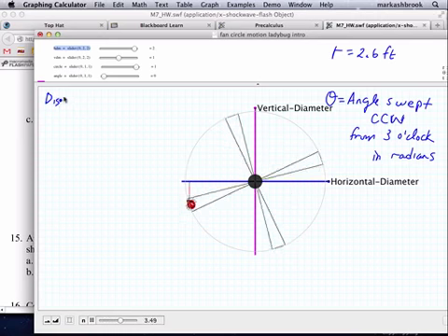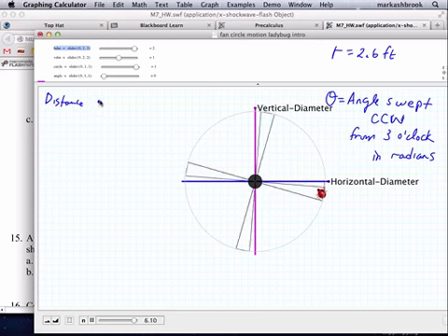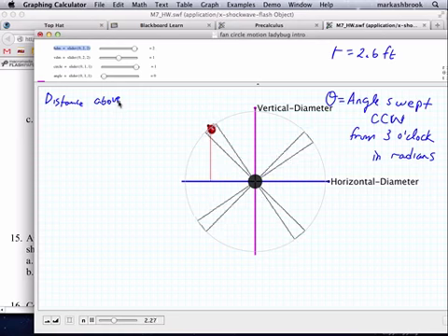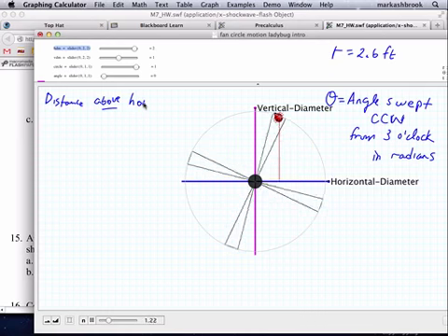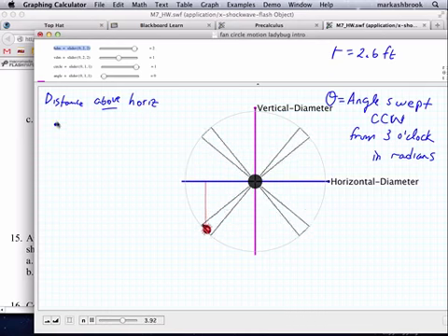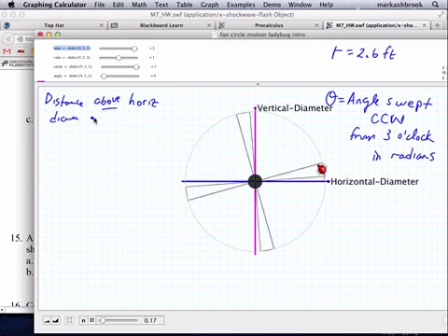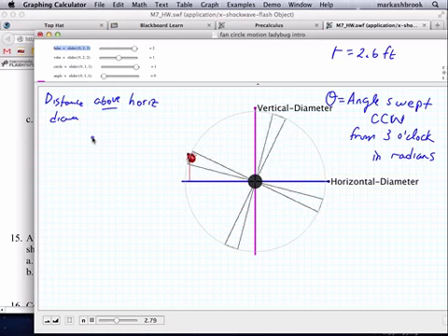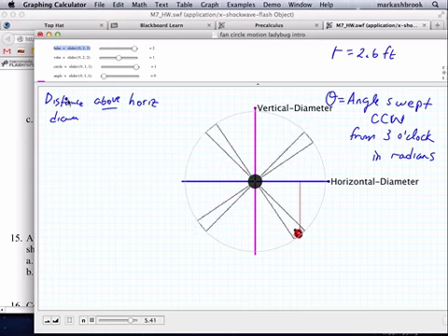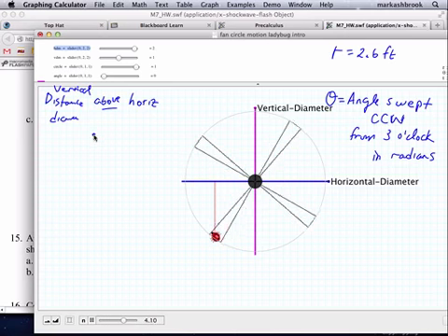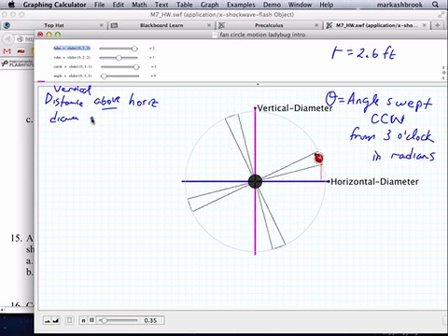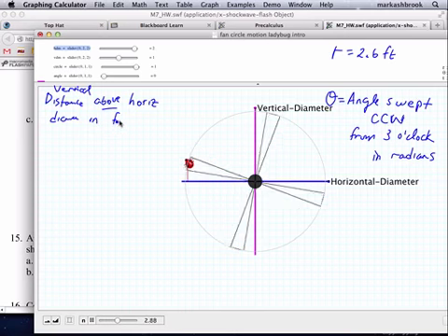we could say distance above horizontal diameter, more specifically vertical distance, so vertical meaning straight above, vertical distance above the horizontal diameter, and then we're going to track that in feet.